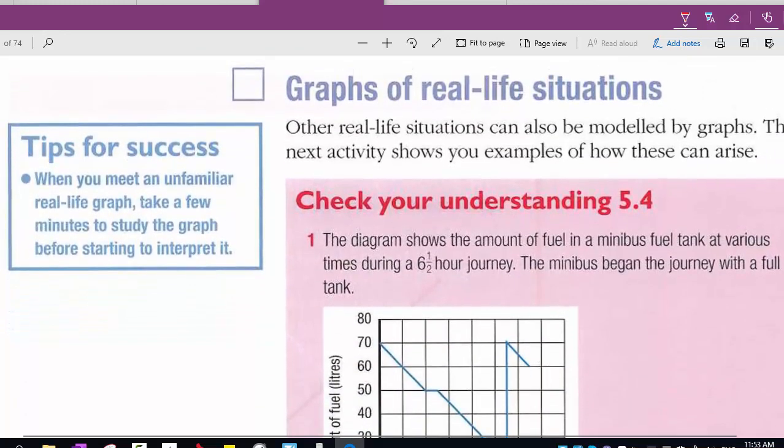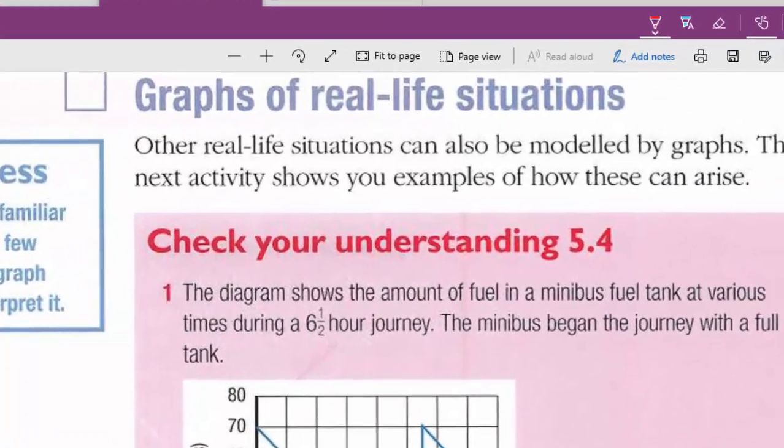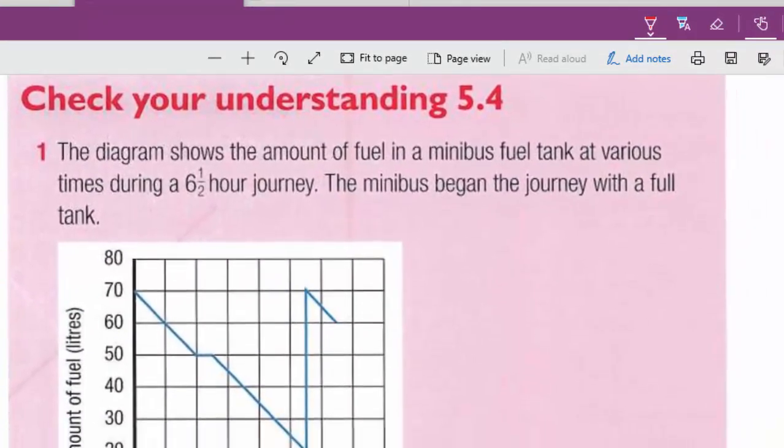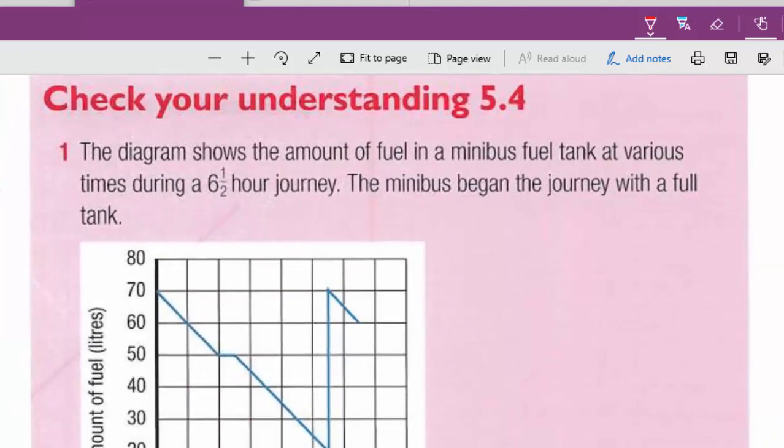Graphs of real life situations. The diagram shows the amount of fuel in a minibus fuel tank at various times during a 6.5 hour journey. The minibus begins the journey with a full tank. So at the beginning of the journey, the minibus has 70 liters of fuel in the tank.